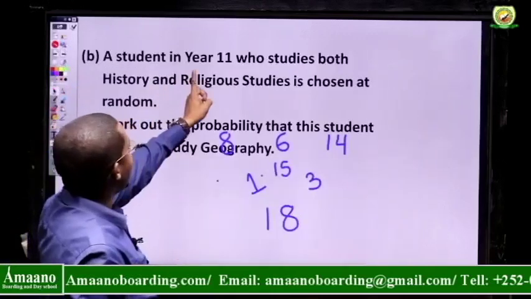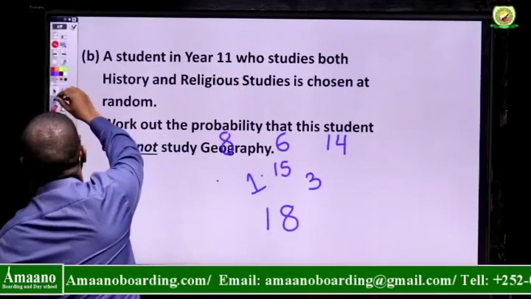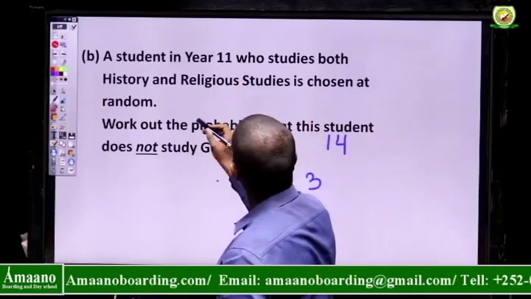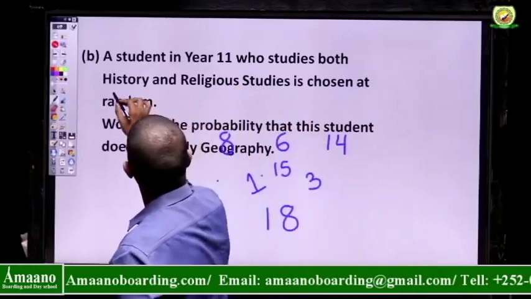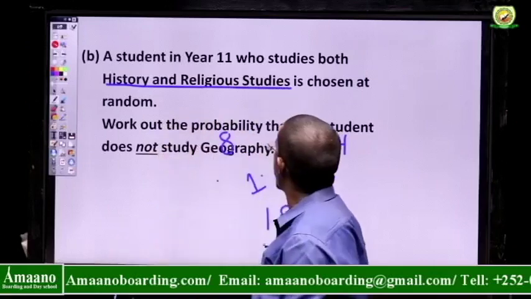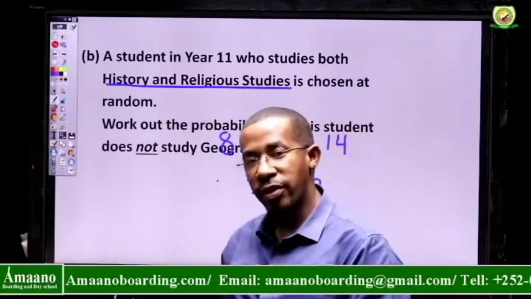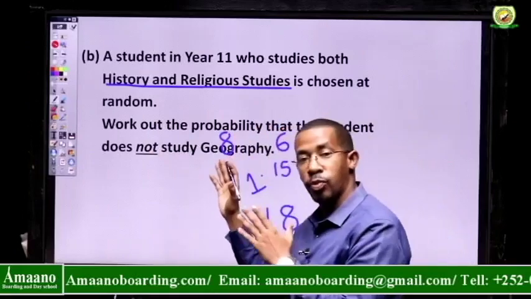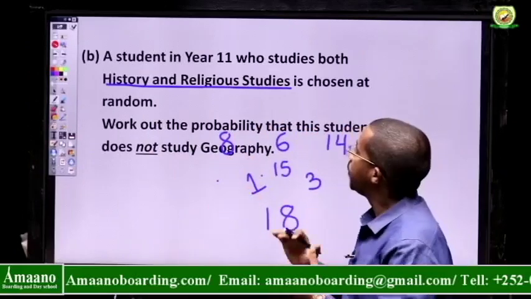A student in year 11, okay, who studies both history and religious studies is chosen at random. This question has two parts. It's an example of conditional probability.